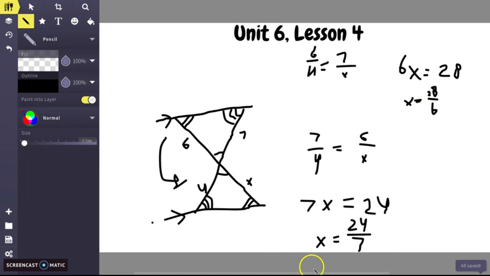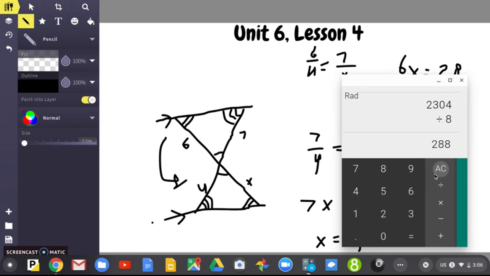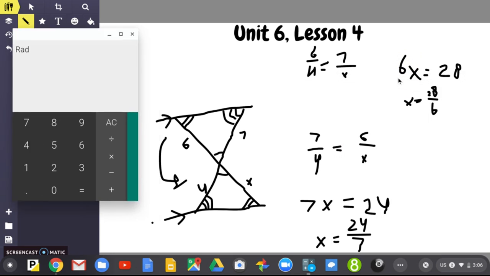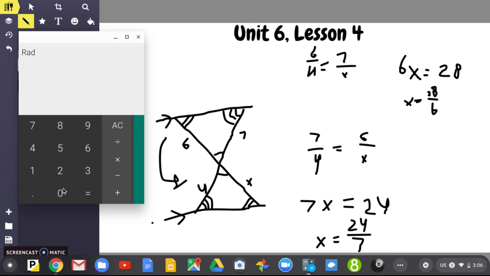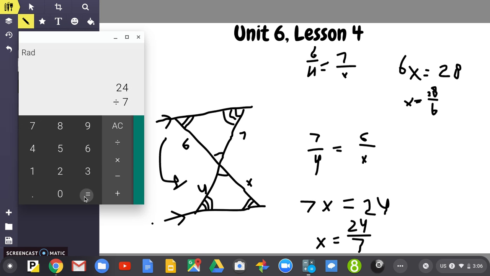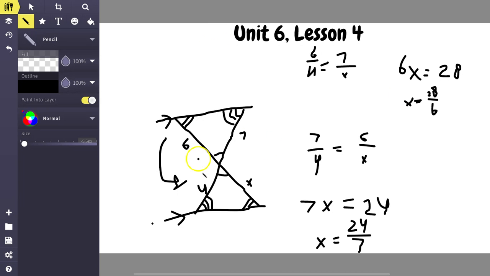Well, let's just pull up the calculator and see if those are equal. You might already know, but just to do it, let's see. So 24 over 7 is 3.42. Actually 3.43 if you round correctly. And then 28 over 6, what does that equal? 4.6 repeating. So in this case, it couldn't.